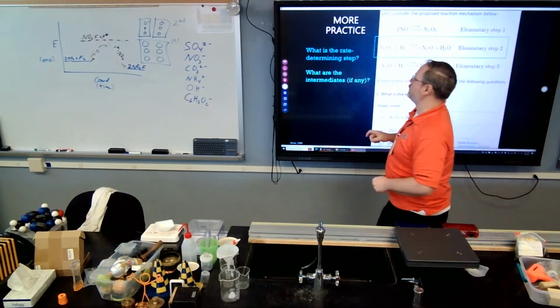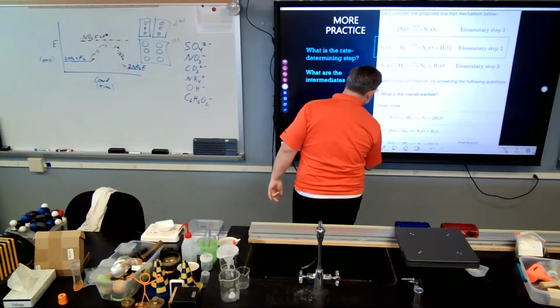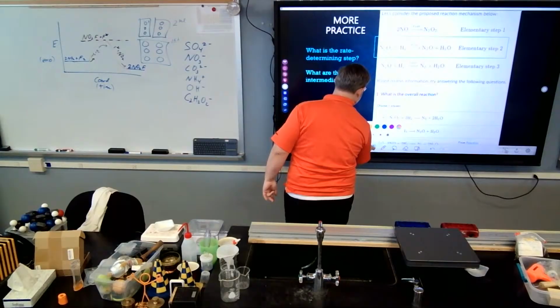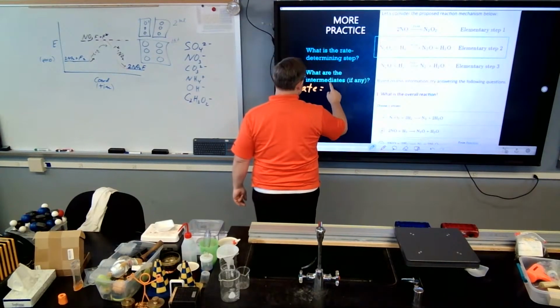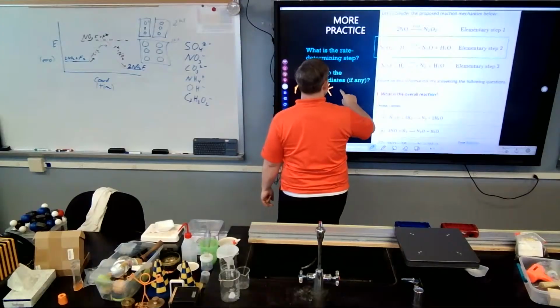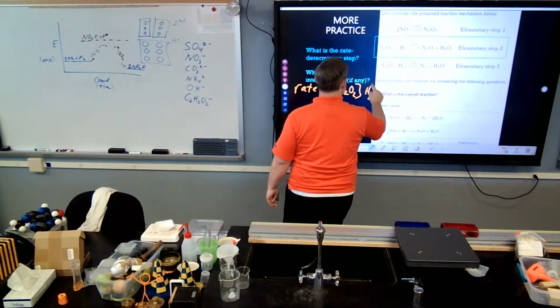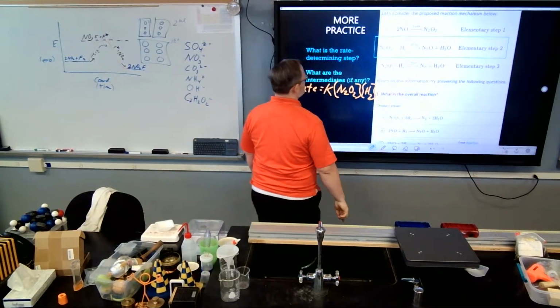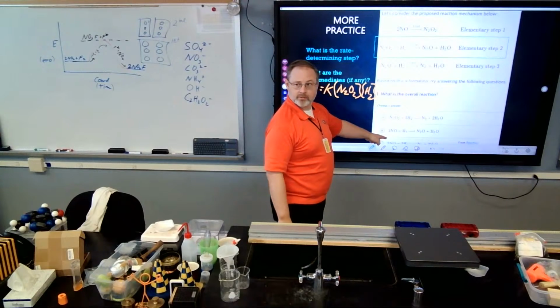Now here's what you do if your slow step is not the first step. You say, all right, my rate, I think I actually explained this in the next slide too, is going to be k [N2O2][H2], and then bells go off and you're like, wait a minute, this is not in the reactants.